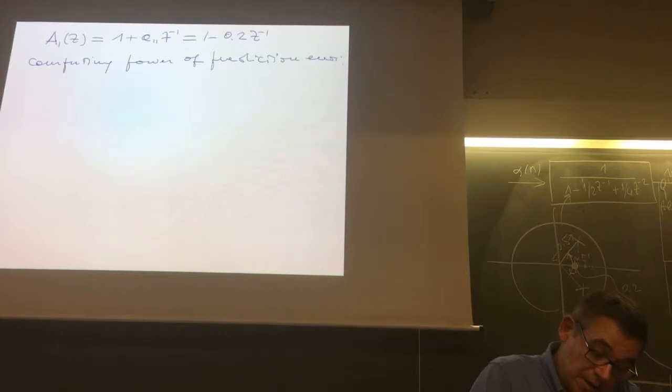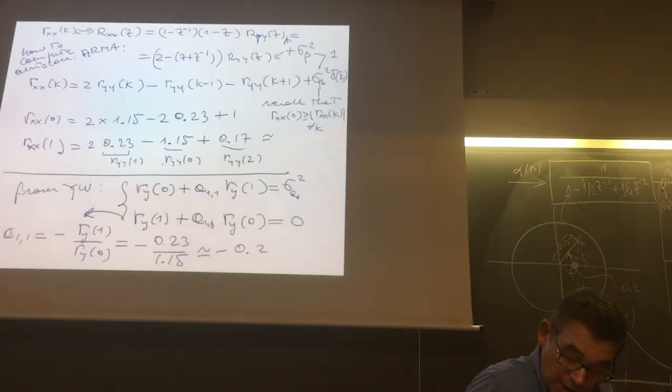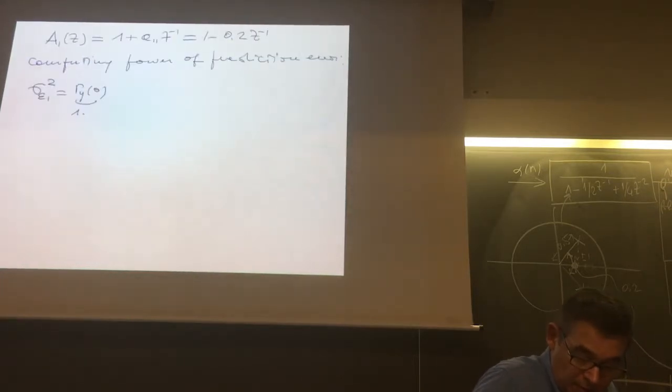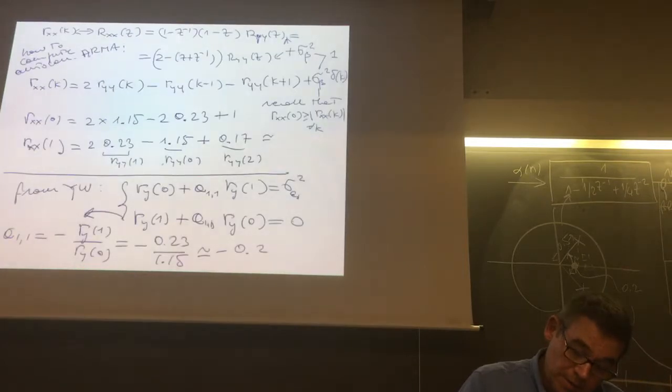By using the equation, sigma squared epsilon 1 is equal to R_y(0), which is 1.50, plus a_1^(1), which is minus 0.2, times R_y(1), and R_y(1) is 0.23.